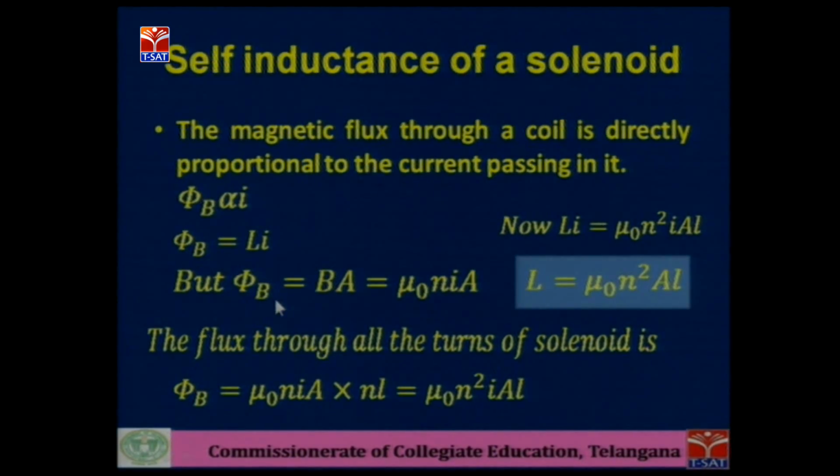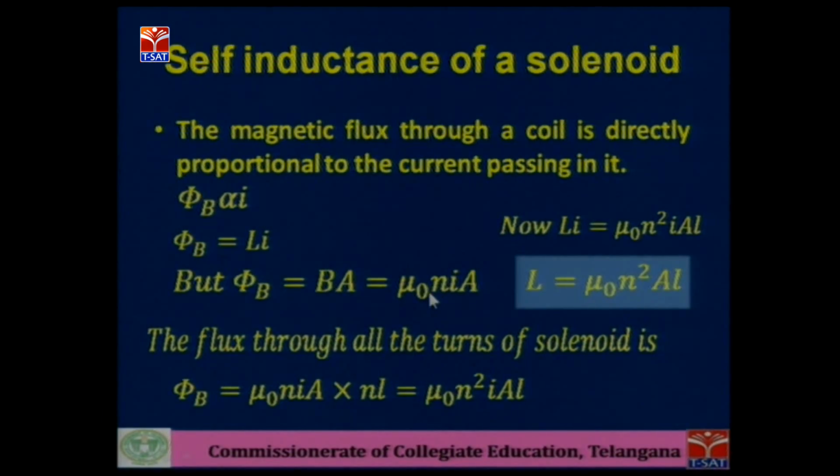We all know that magnetic induction is also known as flux density. B is equal to phi B by A. So we substitute phi B is equal to B into A, where B is the magnetic field and A is the area.